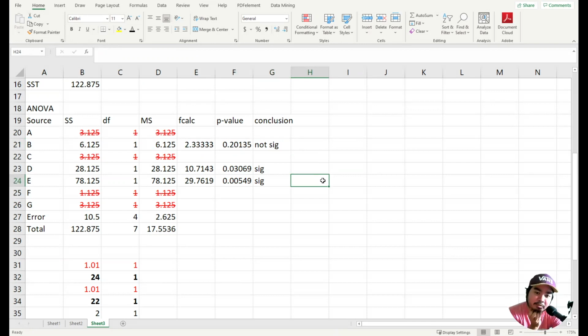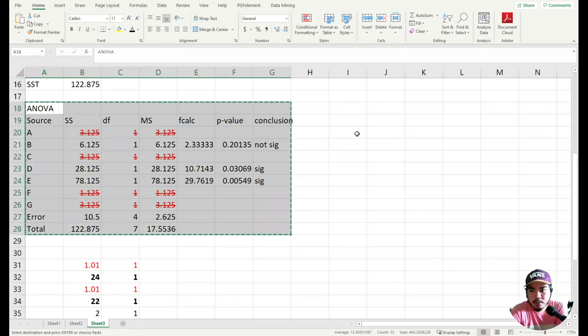Mangyayari lang is magbabago ba 'to? Let's try to do it. What if ang ginawa natin is hindi natin sinama si 6.22. So let's do another case class. I'll just copy this all.